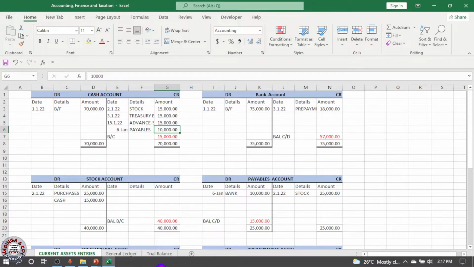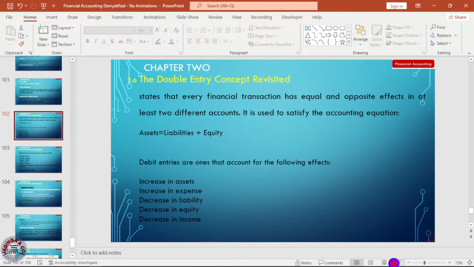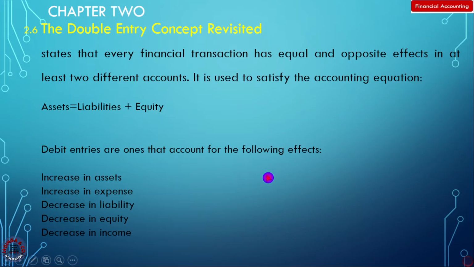So let's go back to the slide. So again, you're saying that debits decrease equity. So when you debit equity, you decrease. For example, now you have injected 100,000 as capital, but later in the future you say, no, I injected 100,000, but now I only want to put in the business 90,000.